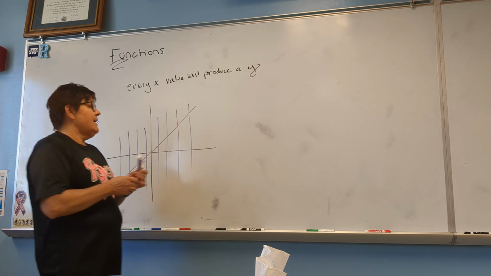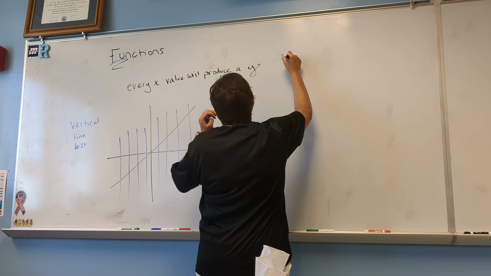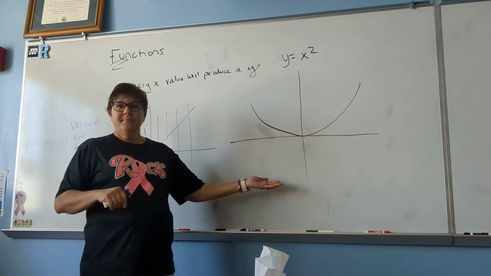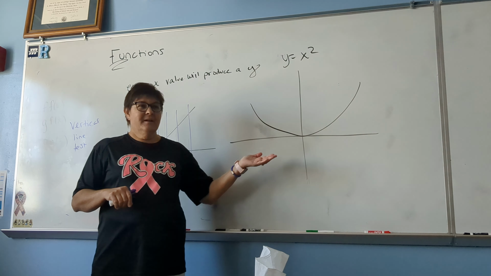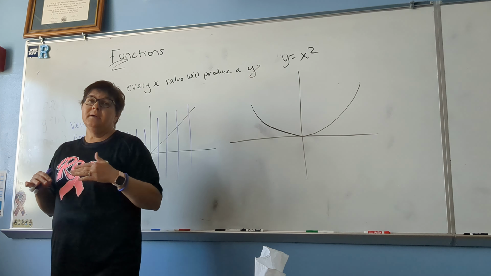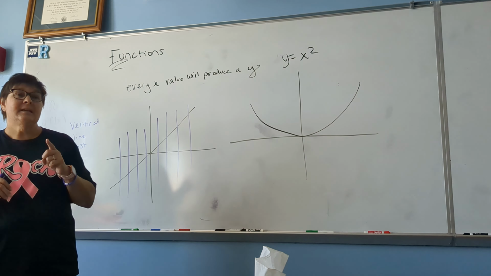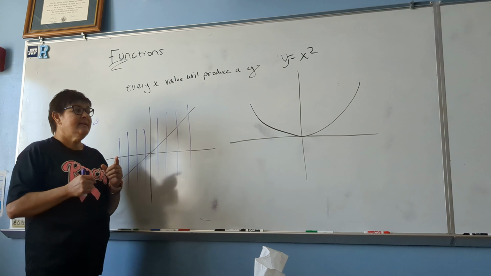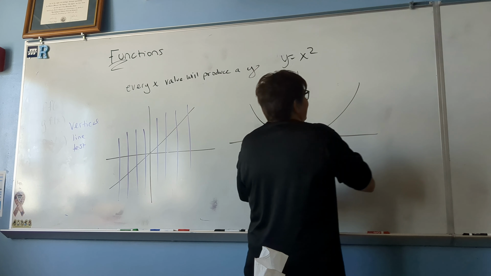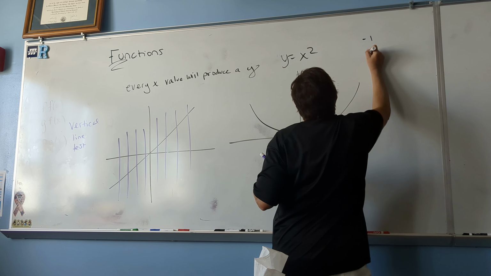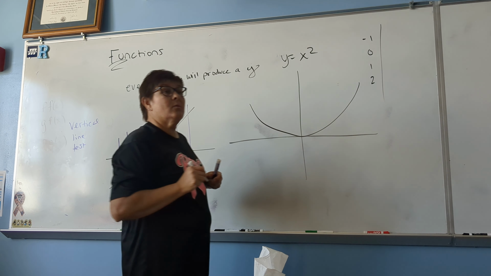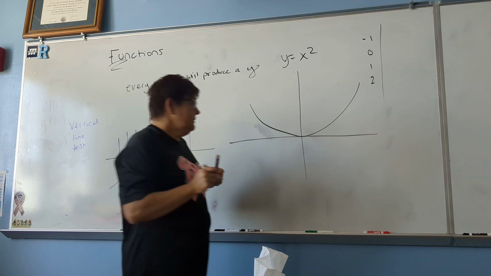So let's look at the next visual. Let's say we have y equals x squared. Here we have a parabola. The question I ask you is, is it indeed a function or not? If I take every x value, let's come up with a table: negative 1, 0, 1, and 2. What is negative 1 squared? 1, good.